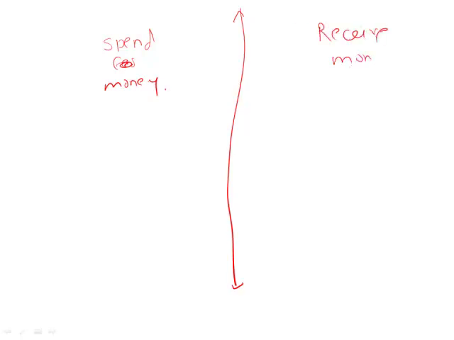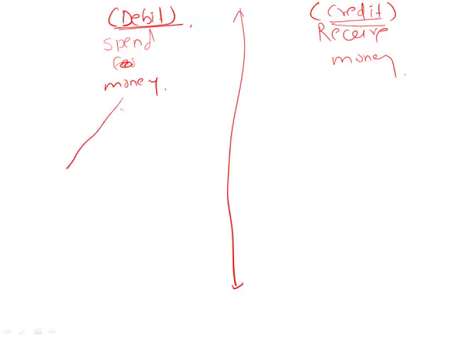When I spend money, we typically call this debit, and when I receive money, we would typically call this credit. Now, when I spend money, I will spend it for two possible reasons. The first one is that I am incurring an expenditure, let's say salary, so it would be an expense. And the other possible reason is to buy an asset, yes, machinery. So either to buy an asset or to make an expenditure.